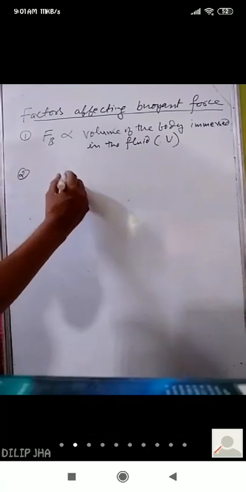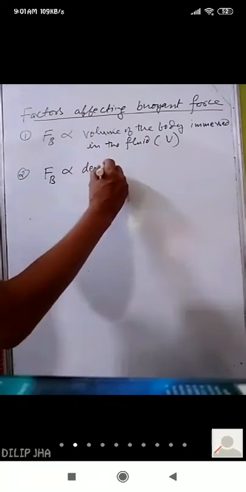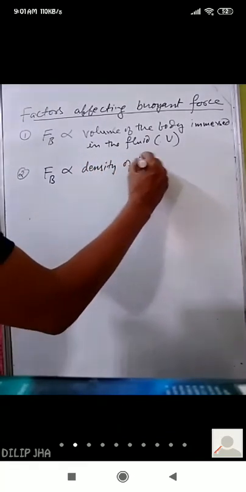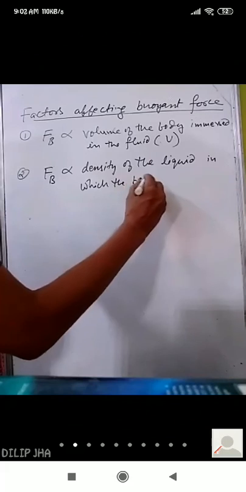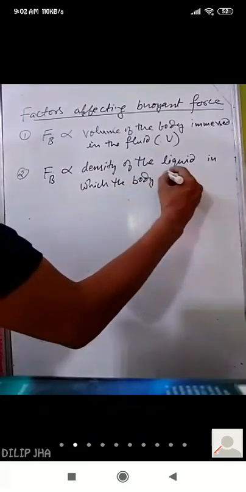The second factor is: upthrust is directly proportional to the density of the liquid in which the body is immersed.